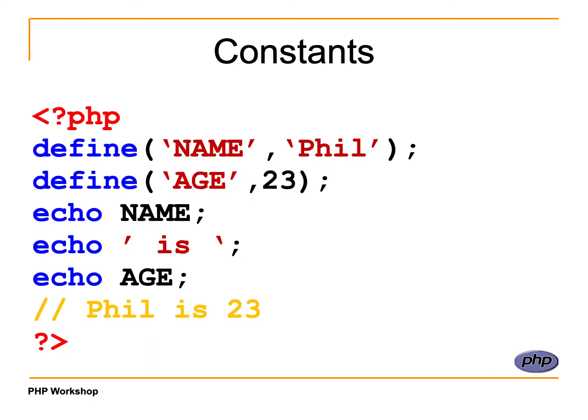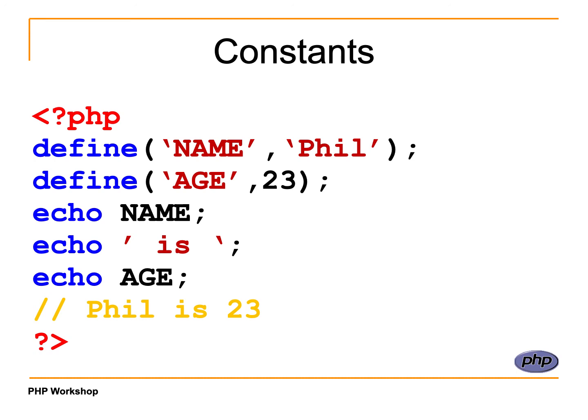We will see a scriptlet. Define NAME comma fill, both name and value in single quotes. The second constant is AGE. So define AGE comma 23. The name of the constant, AGE, is in single quotes. The value is a number, so we are not using single quotes.